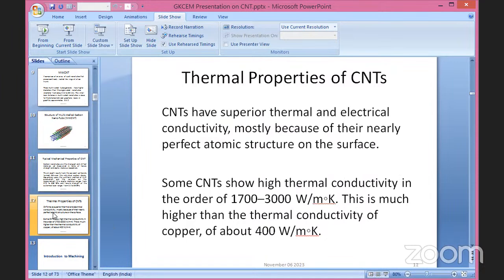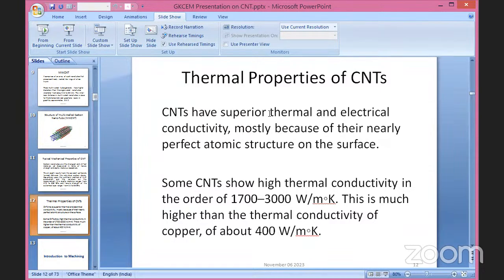What are the thermal properties that CNTs offer? Mind that we know that aluminium is a highly conductive material, like copper. But alumina, Al2O3, is a highly insulating material, just the opposite property. It does not offer any conductivity, but it gives you a lot of insulation properties.